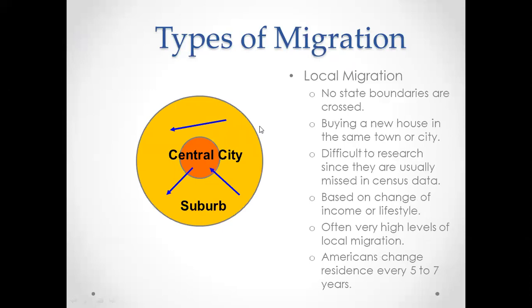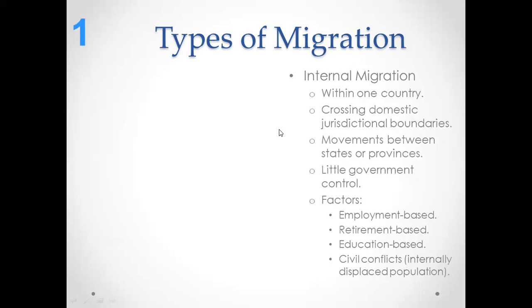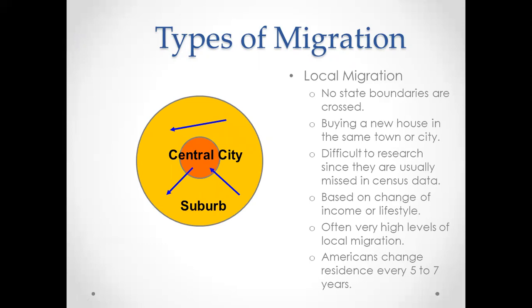Then we have also another one, yung tinatawag nating local migration. Somewhat synonymous with internal migration. Okay. So in here, in the local migration, no state boundaries are crossed. Buying a new house in the same town or city. So dito, okay, parang synonymous talaga siya.